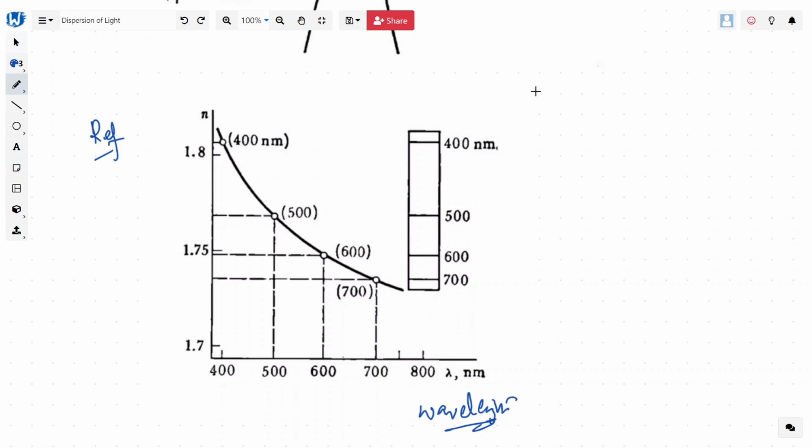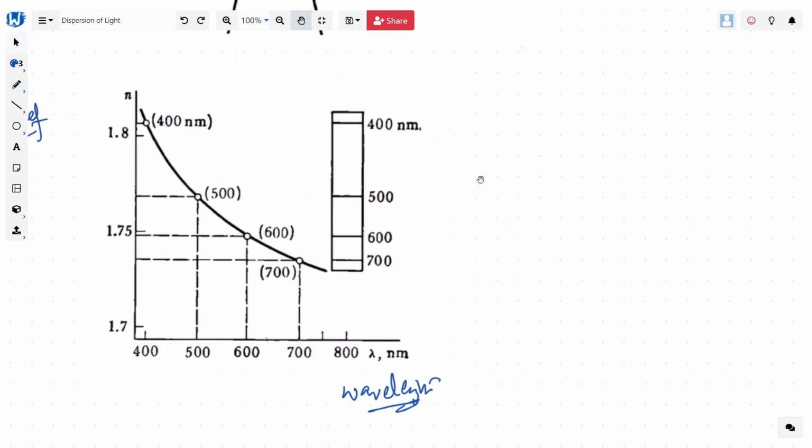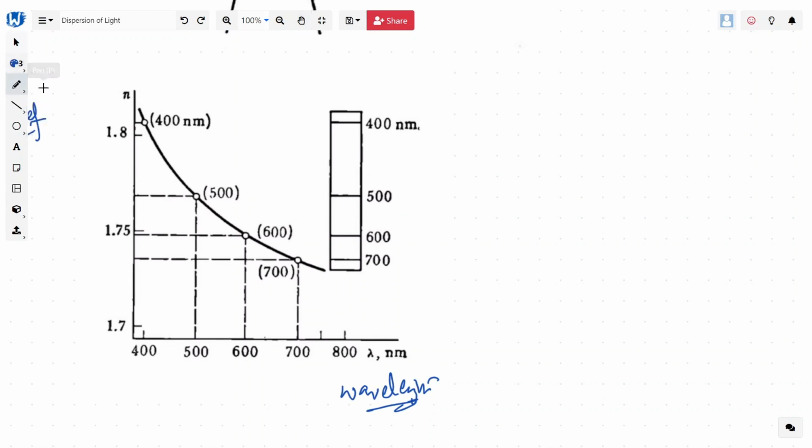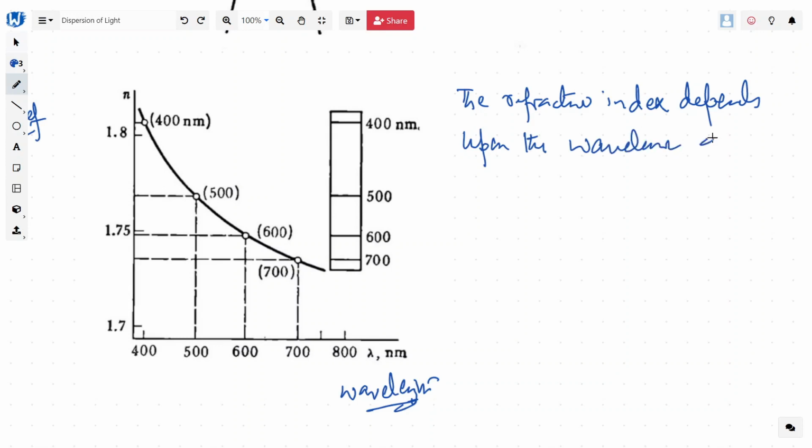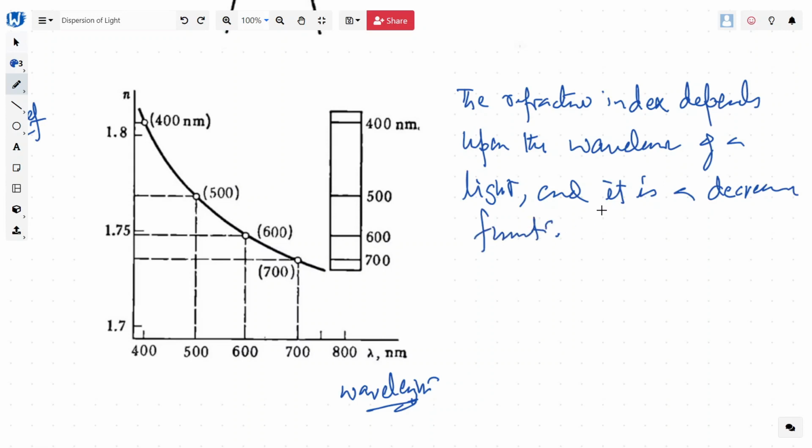So the refractive index depends upon the wavelength of the light, and it is a decreasing function, and refractive index is inversely proportional to the wavelength, right?